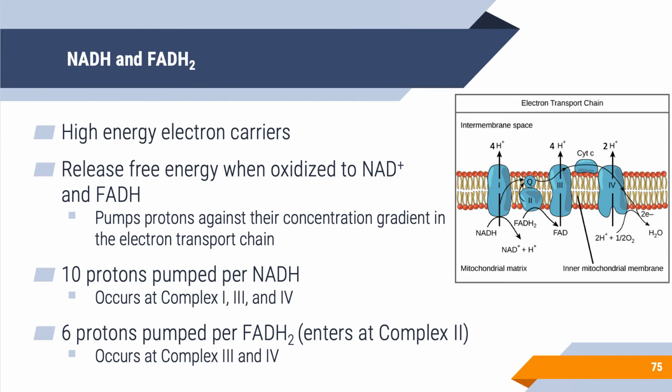What we see is that the oxidation of NADH results in the pumping of 10 protons from complex 1, 3, and 4 combined. And because FADH2 enters the electron transport chain at complex 2, we miss out on the protons pumped at complex 1, meaning that only 6 protons are pumped per FADH2, and this occurs at complex 3 and 4.